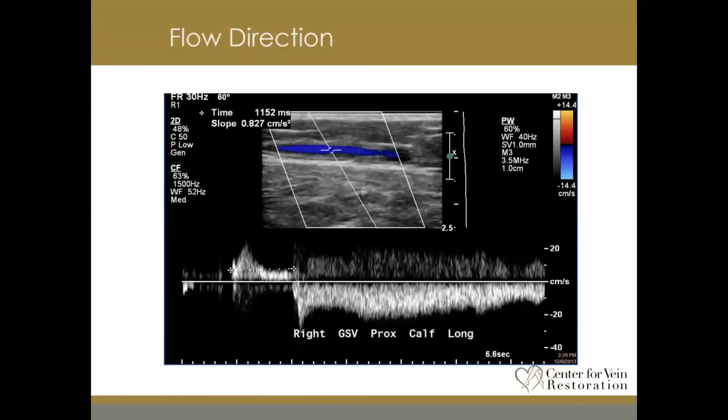In a venous study, the flow direction is integral to providing appropriate information about reflux. In this study, given that the patient's head is to the left of the screen and the feet to the right, the color and spectral display would need to be inverted to show the normal directed venous flow below the baseline.